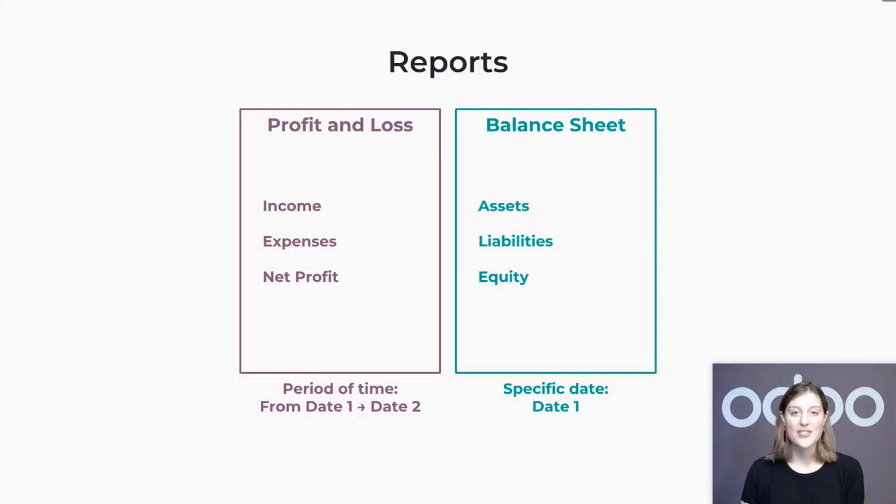The balance sheet gives a report that shows us that the whole financial life of a company is balanced according to the following formula: assets, or what the company owns, equals the liabilities, what the company owes, plus the equity, which includes the company's initial funds and the profits or losses. Of course, the structures of the accounts, journals, and reports vary from country to country, but the way it works generally is the same everywhere.